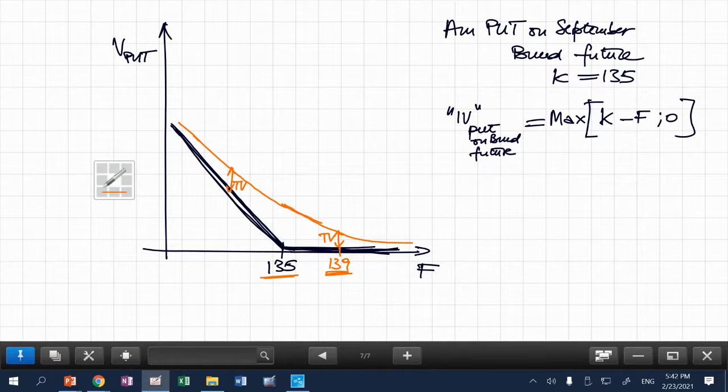Is the option exercisable now? No. So it's the chance of future exercise. And the chance of abandoning the contract is below 135, when the option is potentially exercisable but can be abandoned. So here, this is linked to the chance of future exercise.